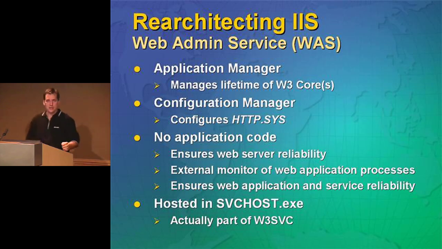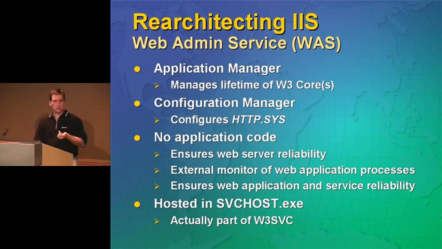So now we'll move into the user mode components. The web admin service, which we also refer to as WAS by its acronym, is part of the W3SVC service. It's implemented in servicehost.exe, and it's physically part of the W3SVC service.